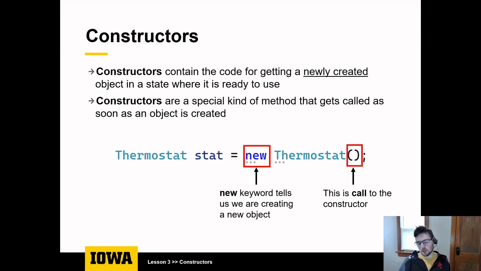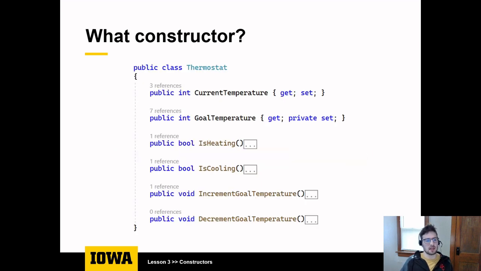Okay, so now let's revisit the thermostat class, and you might be wondering, what method, what constructor? I don't see anything here. The answer to that is all classes come with a default constructor that does exactly nothing when a newly created instance of that object is created.